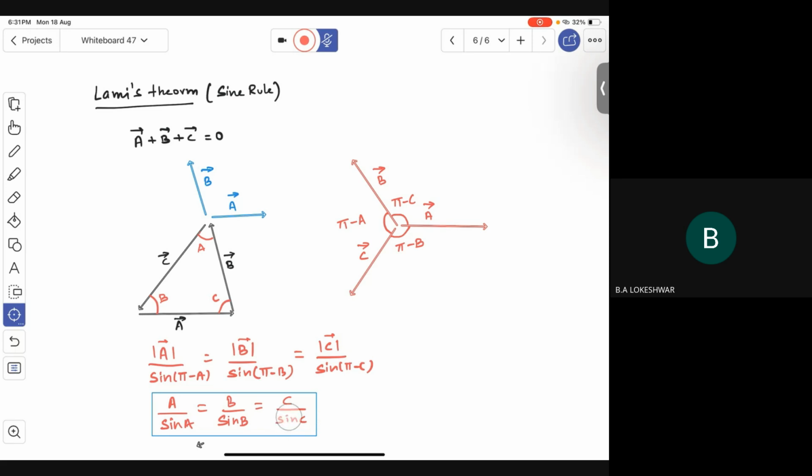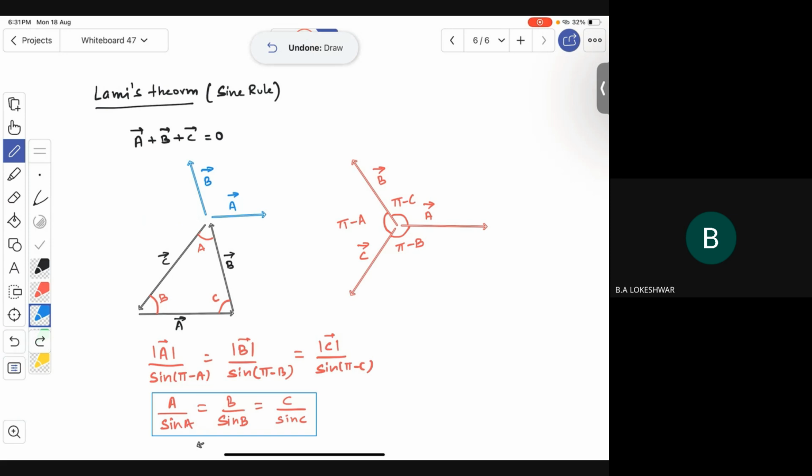So for that, I will write: vector A by the angle opposite to it, B by the angle opposite to the vector B, C by the angle opposite to C. You can check also how much this angle is. You will see that the angle will come as whatever I'm telling. You do that exercise on your own.